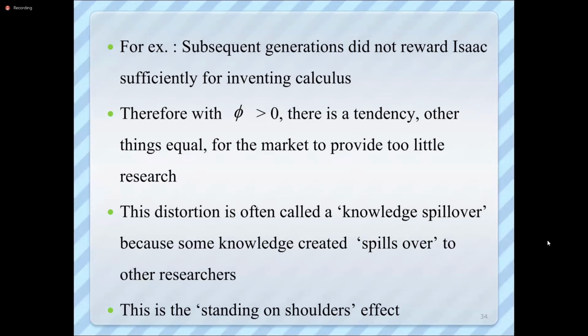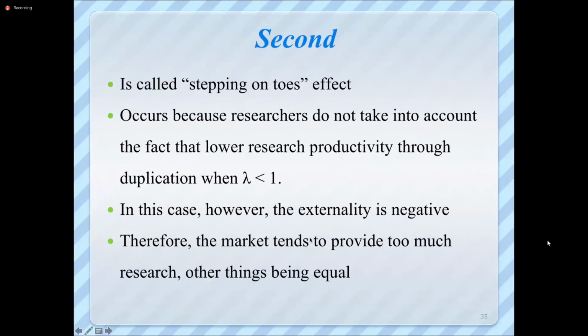Right? So this increase is related to the standing on shoulders effect. Okay, meaning that you are depending on some other research to come up with an addition, a novelty of your own. Right? So therefore, Romer feels that with the share of population rising, if it is just a knowledge spillover, it's not optimal R&D. Number 2 is the stepping on toes effect.